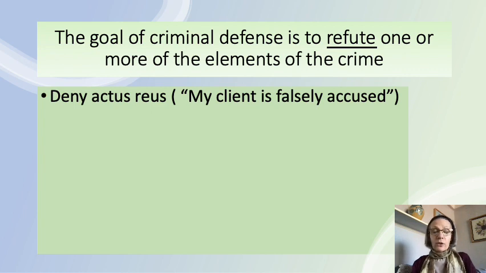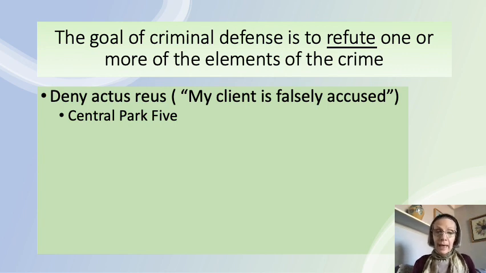Now, criminal defense attorneys do this to varying degrees of success. This week, we're going to be watching the documentary The 13th, and they're going to reference a famous case of 5 juveniles who were falsely accused of raping a woman in Central Park in 1989, and they're referred to as the Central Park Five.